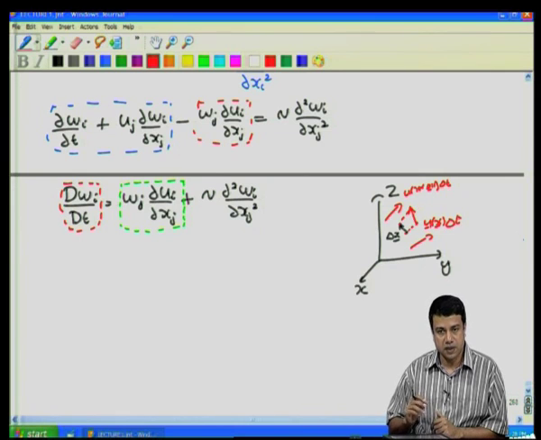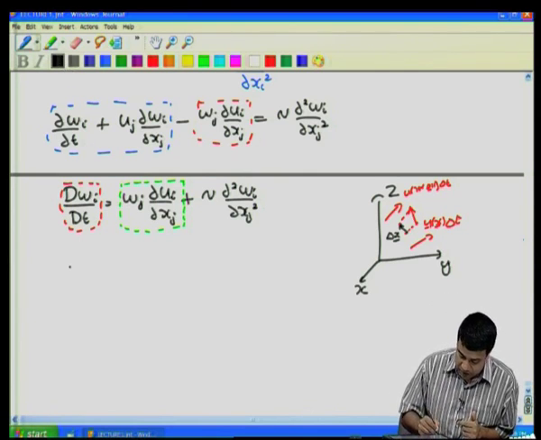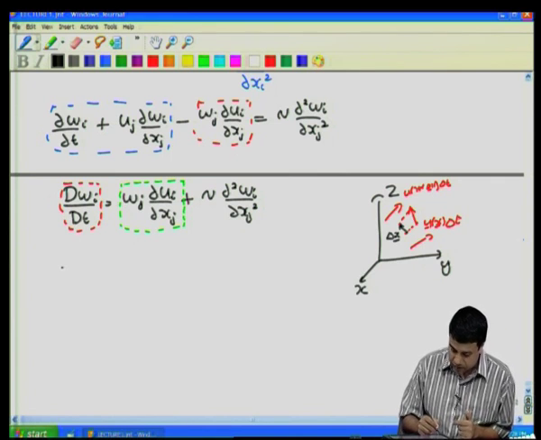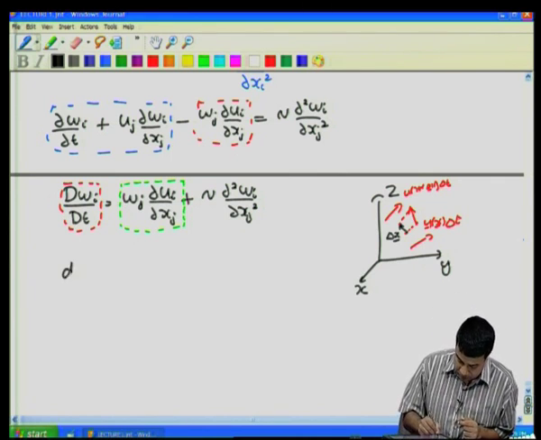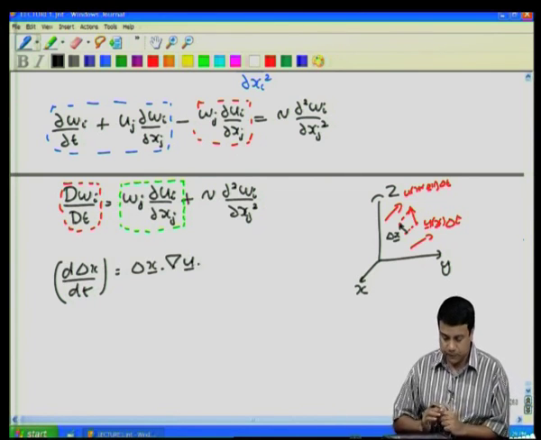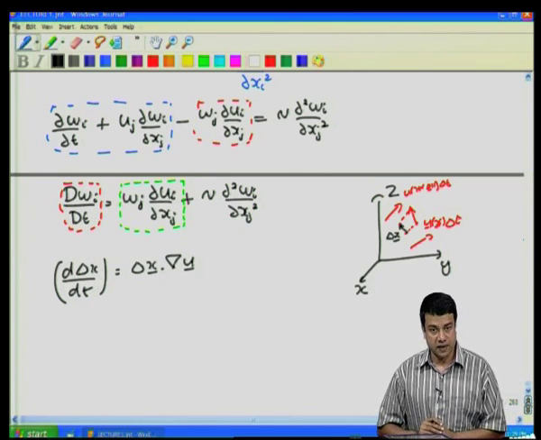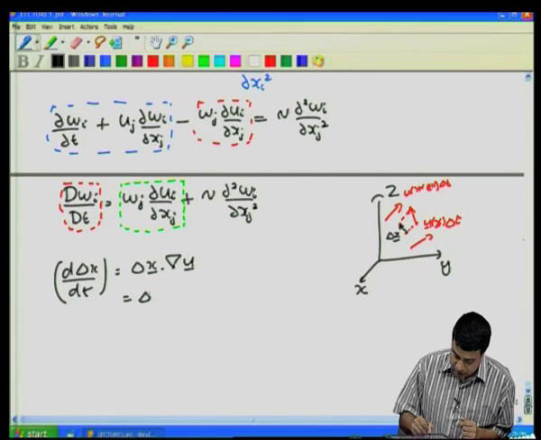The stretching of this material element is something we had seen when we looked at deformation. We said that the rate of change of this material element with respect to time can be written as delta x dotted with the gradient of the velocity. The gradient of the velocity is the rate of deformation tensor. This is equal to delta x j partial ui by partial x j.